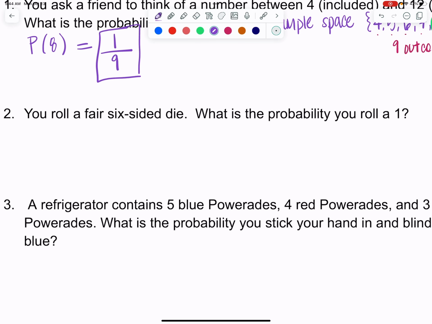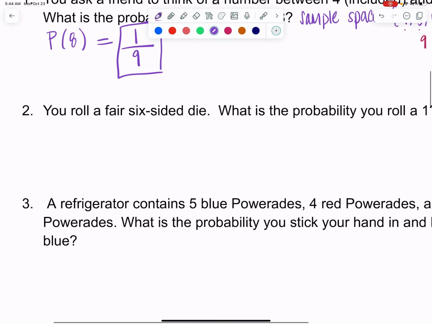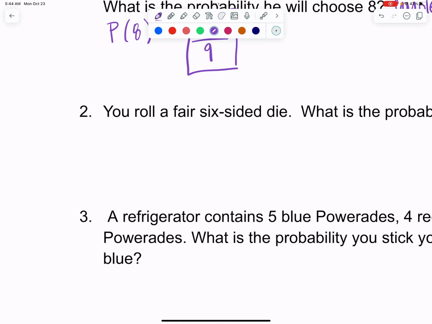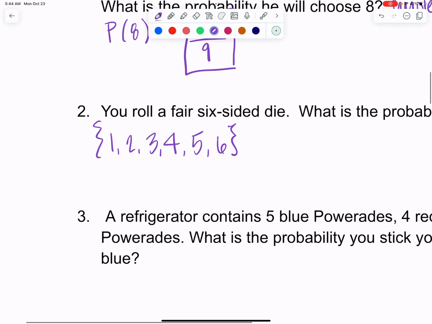Number 2, you roll a fair 6-sided die. What is the probability you roll a 1? So when I roll a die, I could roll a 1, or a 2, or a 3, or a 4, or 5 or 6.